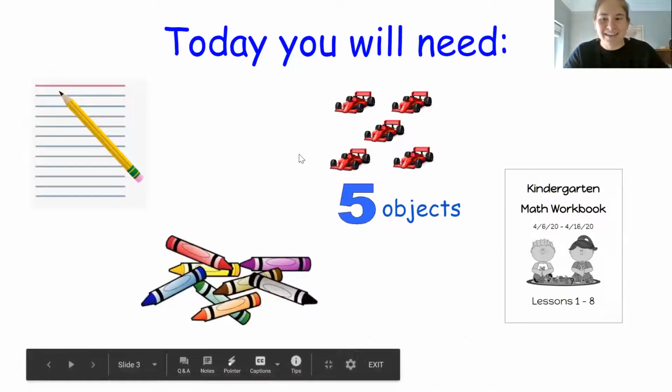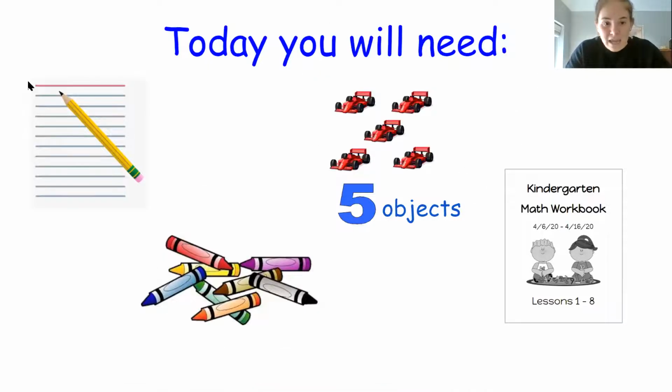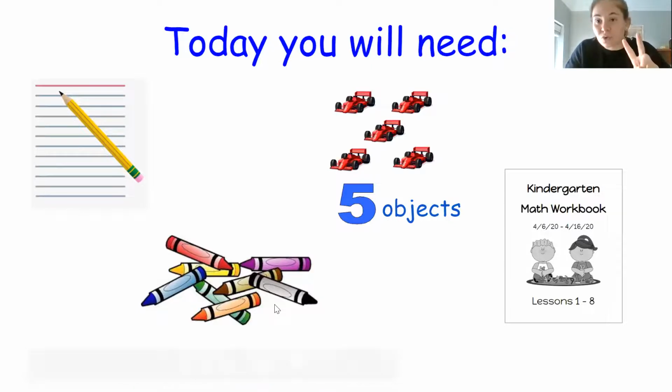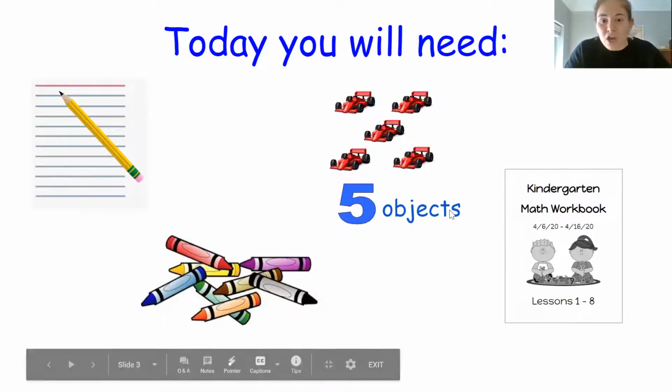Nice job. So today for our lesson, you're going to need your paper and pencil, just any paper and pencil that you can find to write with. You're going to need your crayons or markers or colored pencils, or anything that you can use 2 or more different colors of. You want to find 5 objects. So this could be anything that you have around your house.